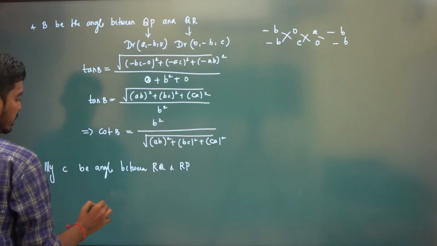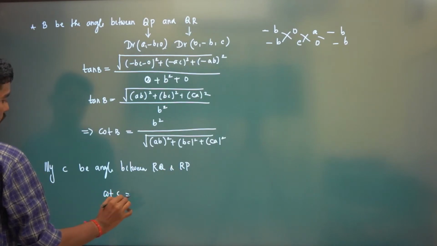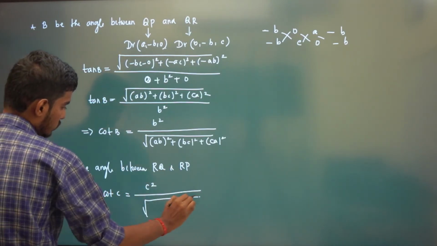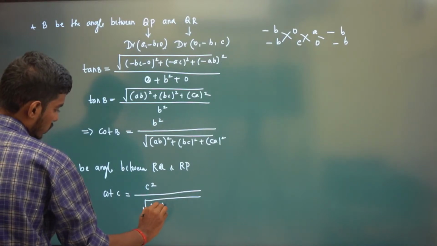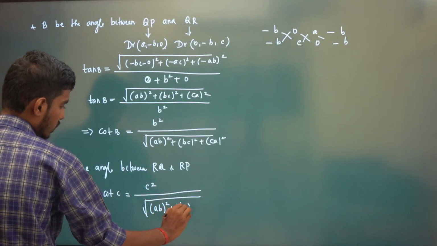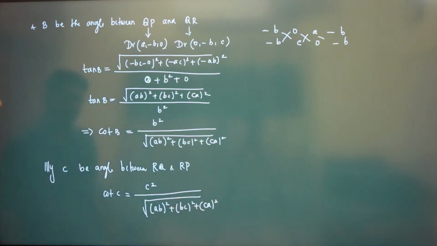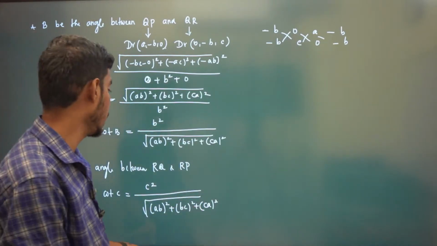Now find the direction ratio. You will have cot C equal to C square divided by square root of AB whole square, BC whole square, CA whole square, right? So we have found cot A, cot B, cot C.